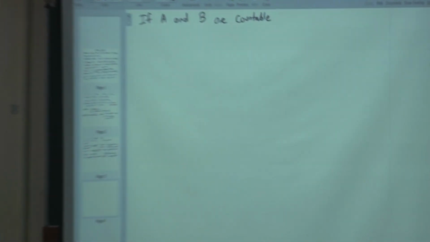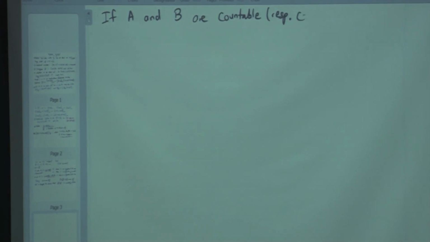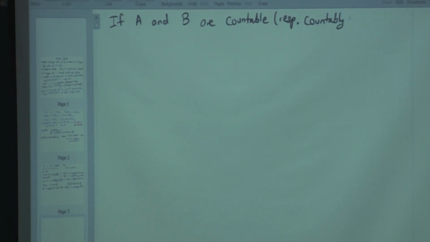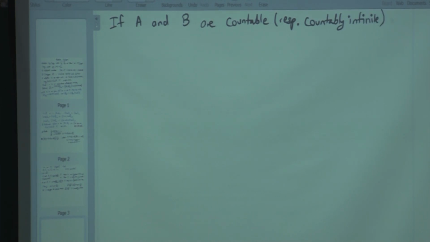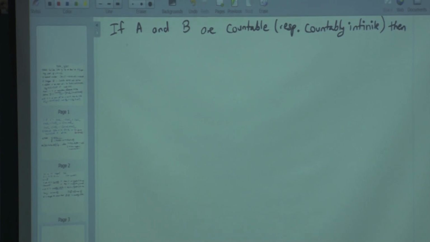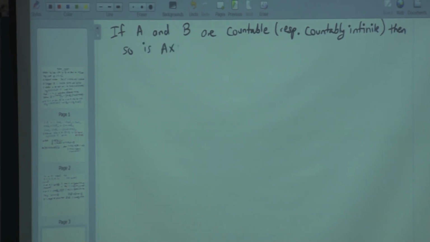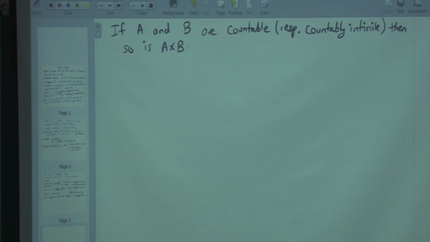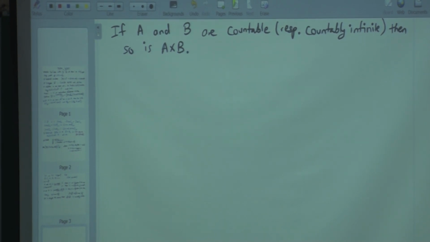So if A and B are countable, or respectively countably infinite, then so is A cross B. So the product of two countable sets is countable. If both are non-empty and one of them is countably infinite, then the result will also be countably infinite.